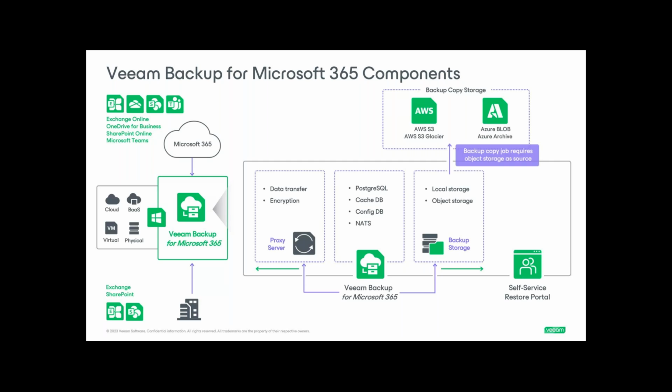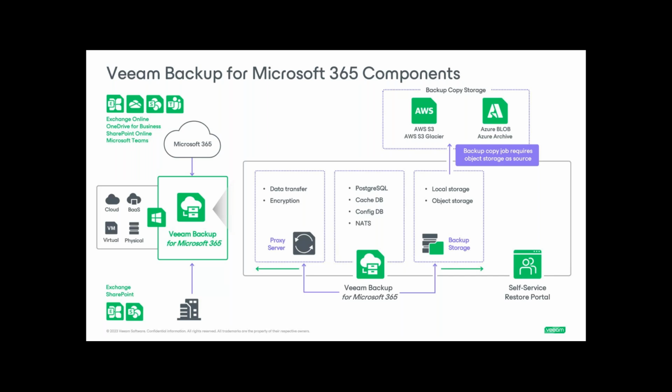So backup storage, we can go to local storage, we can go to object storage. We typically recommend that you use object storage with this product. It plays nice with the type of data that we're protecting. You can also do a backup copy of your data, but this is only with object storage.